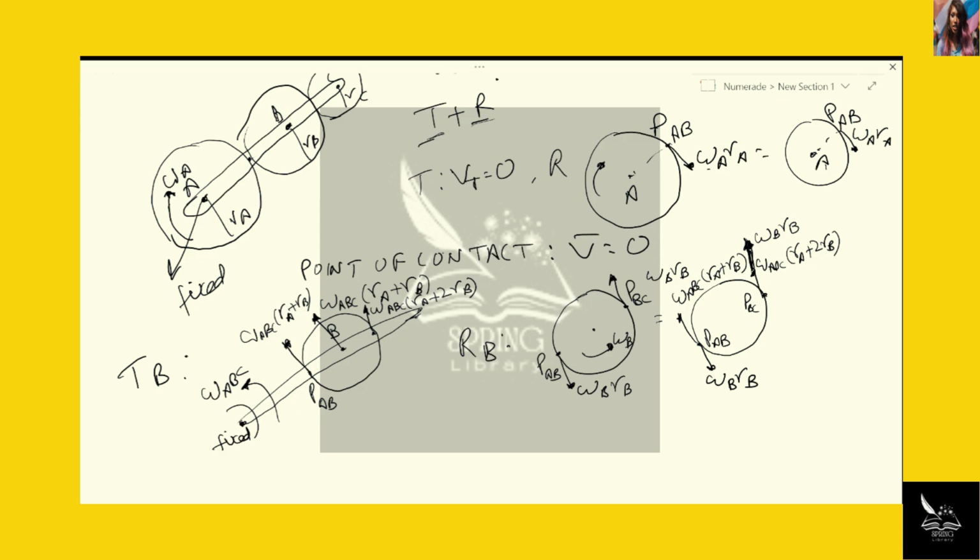Rather than complicating everything, let's rethink our strategy. Rather than writing the contribution of the rod here, let us just take the contribution of the rod to be at the center, which is omega ABC RA plus RB, pointing like this, which is the same translational velocity.